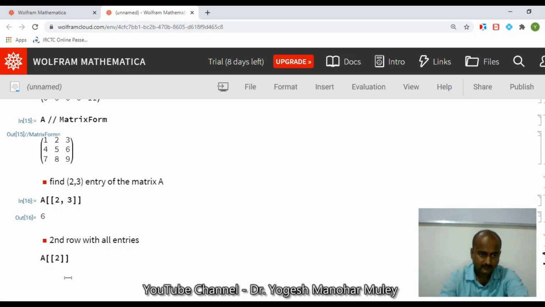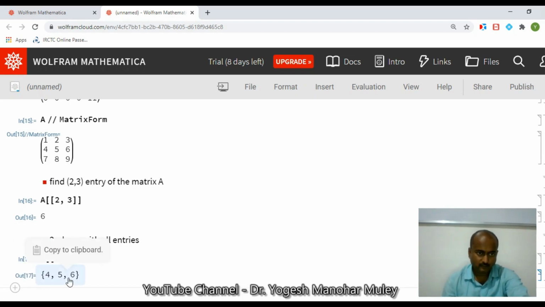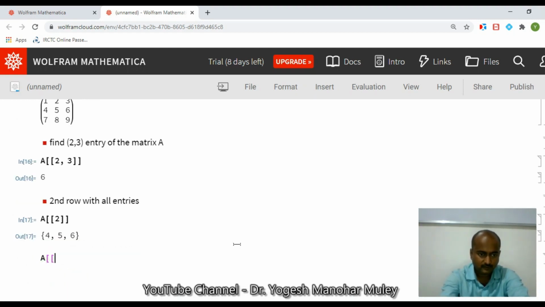This will give us the second row entries, that is 4, 5, 6. Instead of this we can use this also, 2, All. This indicates we have the second row and all columns. So this will give us the second row entries.